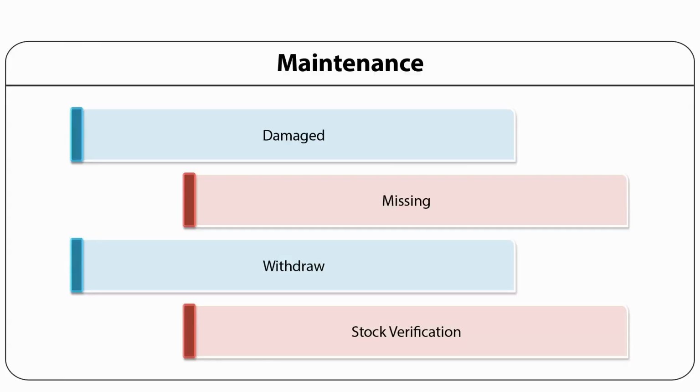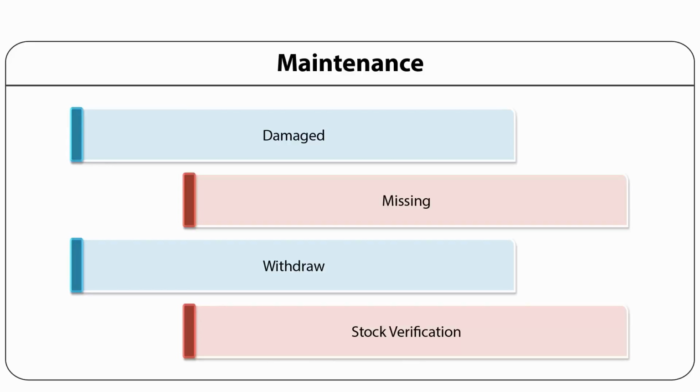Loss of a document is managed through two options. One is the replacement of the document and the second is the recovery of the amount. If the amount is to be recovered from a member for the lost document, the amount recover option is to be activated.